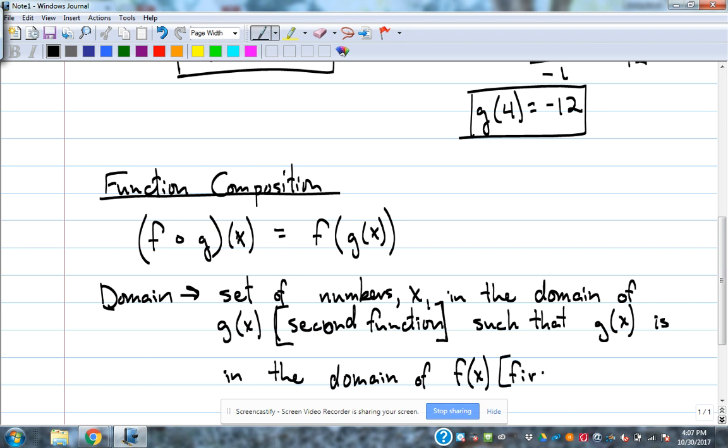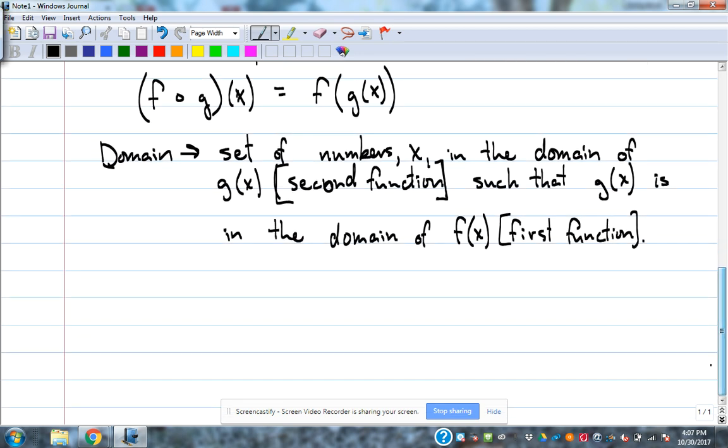First function. And when I say g of x there, I'm referring to the y values that go along with that domain. So be careful of that. So the y values of the second function become the x values of the first function. That's really what's happening here.